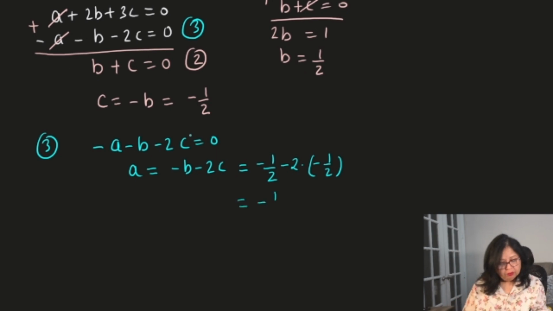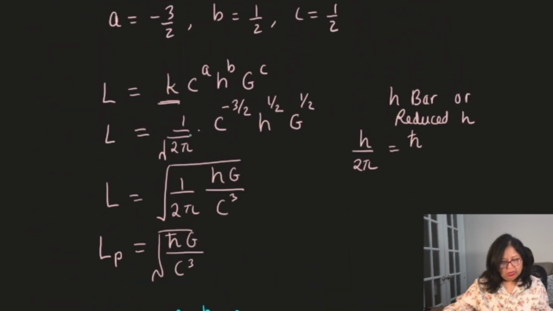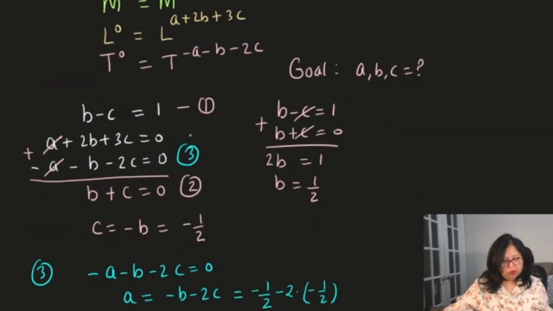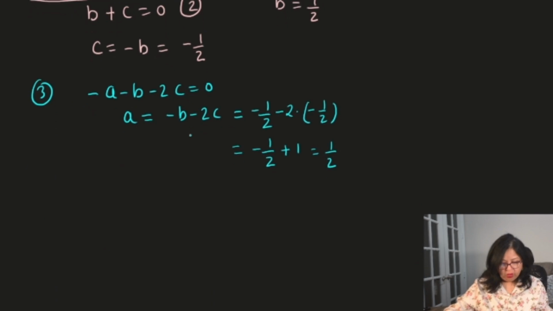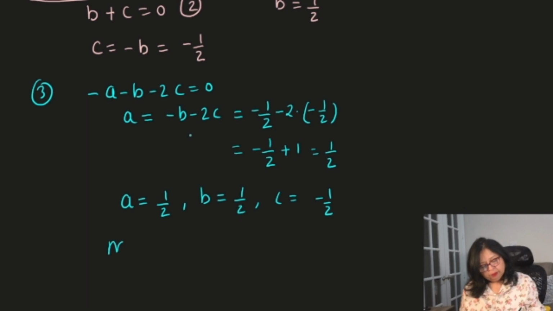That gives us minus 1 half plus 1, means it is equal to 1 half. And in the case of L, a was equal to minus 3 halves. Okay. So now we got a to be 1 half, b to be 1 half, and c to be minus 1 half. What does that make m?